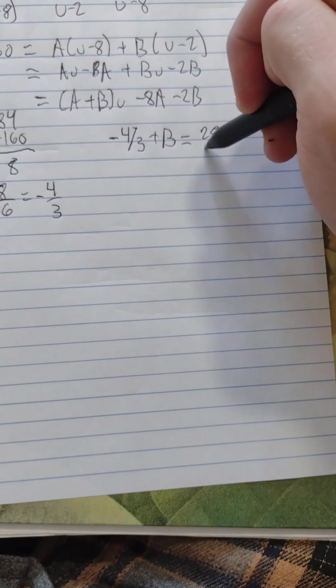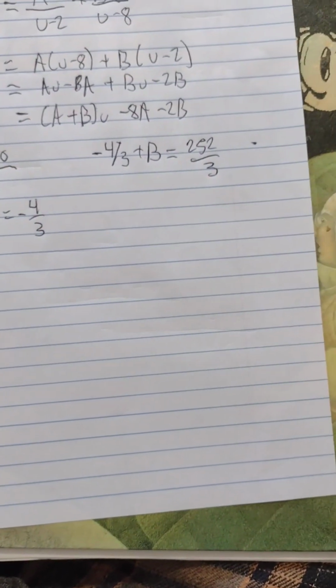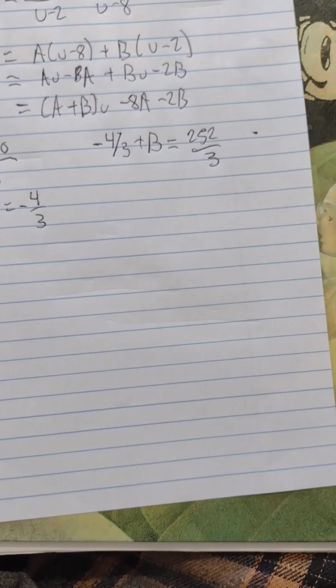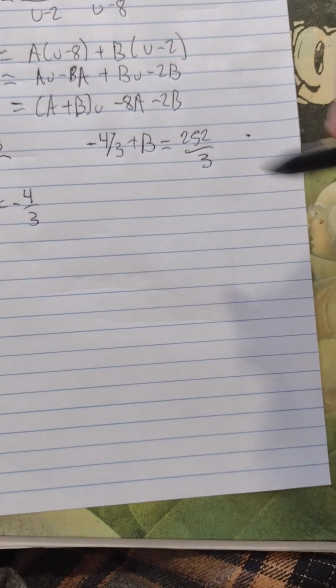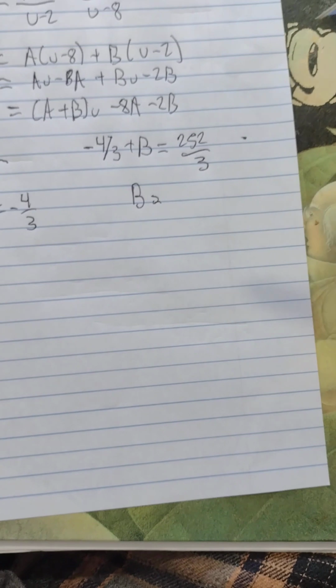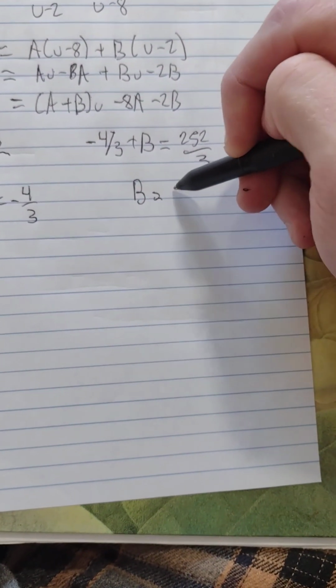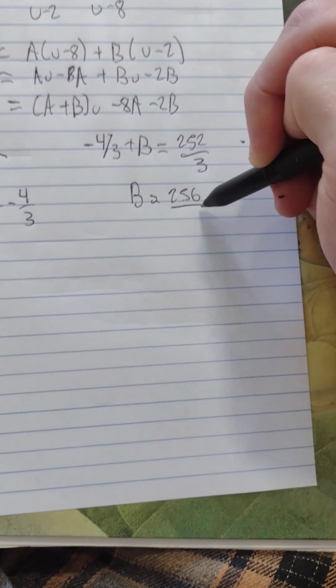So that's 252/3. And then we'll add the 4/3 to both sides and get b is equal to 256/3.